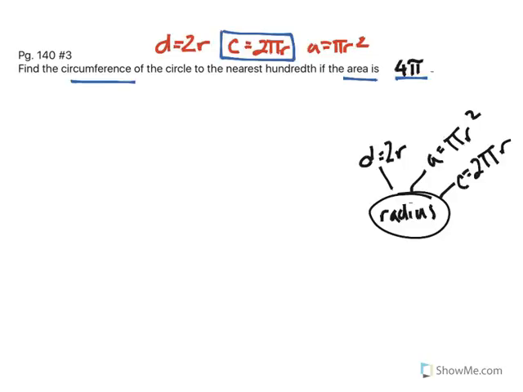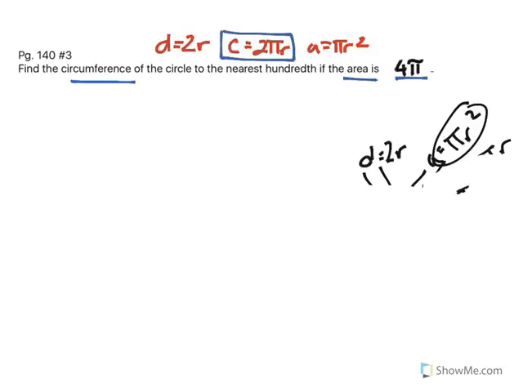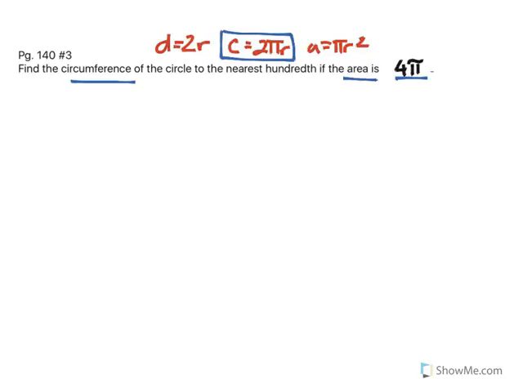If they give us the diameter, we need to solve this problem to find the radius, and then we can solve all the other ones. So in this case, they give us the area, we need to find the radius, and then we can use that in order to find the circumference. Okay, so the radius is the key.